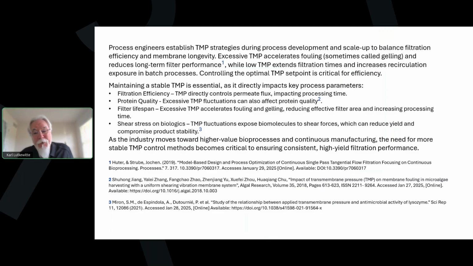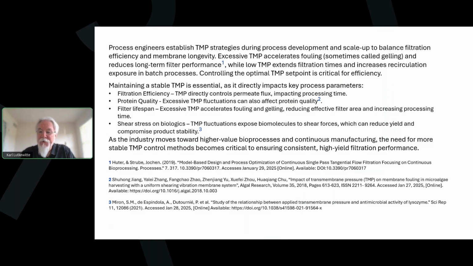However, if TMP is too low, it lengthens the filtration batch times and increases recirculation exposure in batch processes. And that's not good because that can cause molecular degradation or dissociation of molecules. For one, the longer I run that batch, the greater the probability of degradation or dissociation. And again, my batch is taking too long to process. So in summary, controlling the optimal TMP set point is critical for efficiency and biomolecular quality. Holding TMP firm improves filtration efficiency as controlling TMP affects the permeate flux rate.